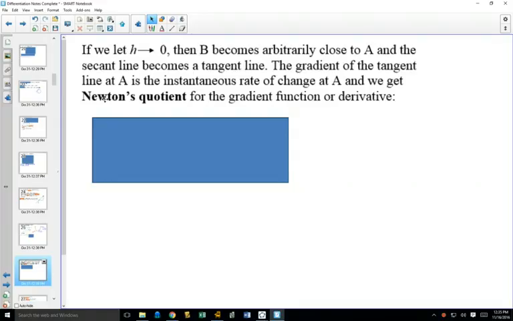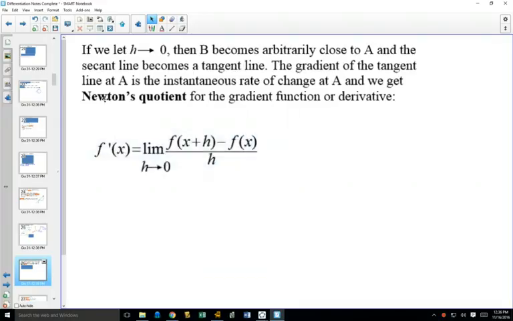And this is the definition of the derivative. A derivative is a slope of a tangent line. And we can use our idea of limits. We want our h to equal 0, so we write the limit as h gets as close to 0 as possible of our secant line.